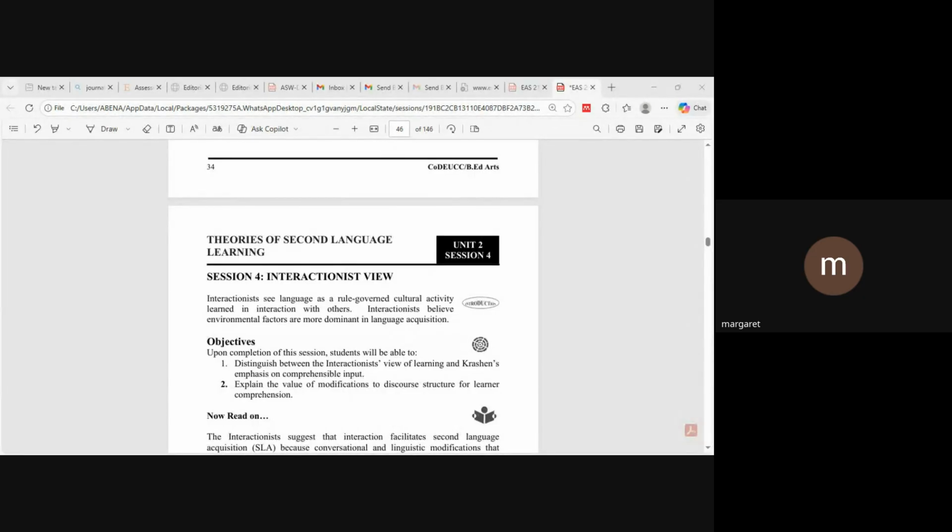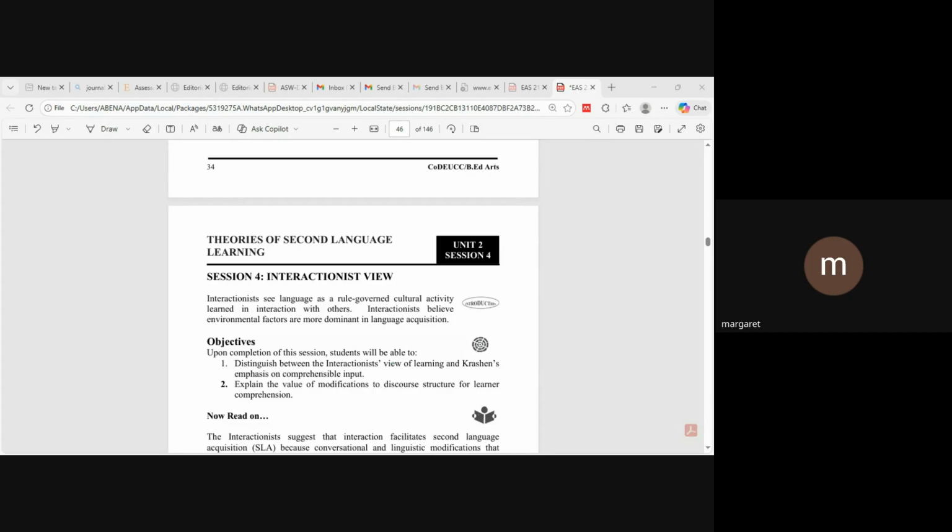If the question comes in a different way, where they are asking which hypothesis, or which system in Krashen's theory, talks about correction, then we go for the monitor hypothesis, or the monitor system.